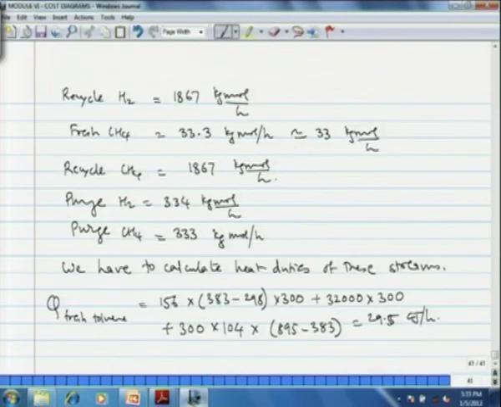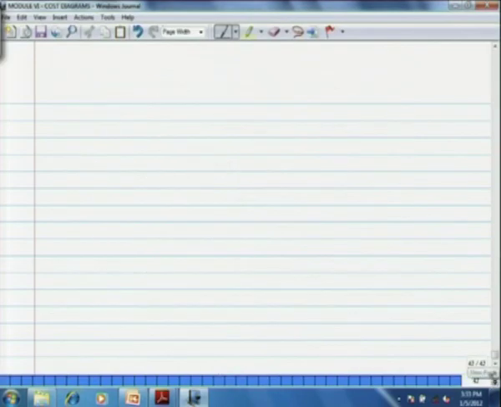Now, the heat duty on fresh hydrogen, Q fresh hydrogen. The total moles of fresh hydrogen are 633.3 kilomole per hour into the heat capacity 29 kilojoule per kilomole per Kelvin into the temperature change.